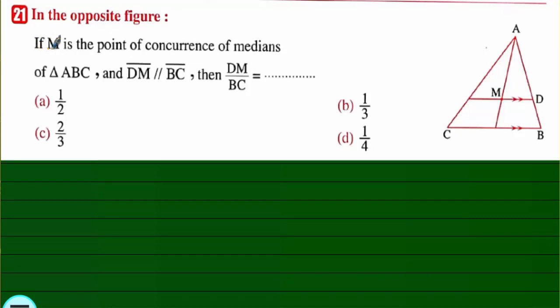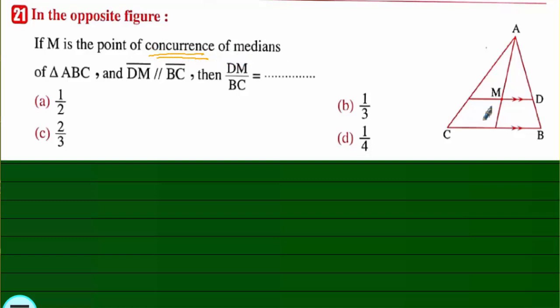Question number 21. In the opposite figure, if M is the point of concurrence of the medians. Here we have M. It is the point of intersection of all medians. Again, what is the meaning of concurrence? The point M is the point of concurrence of the medians.